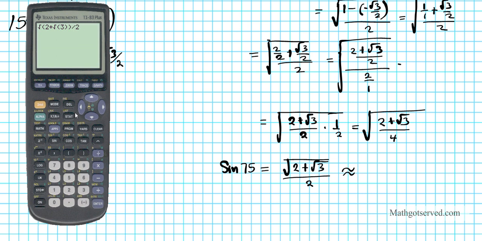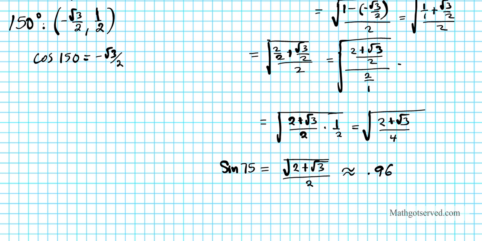Let's make sure our mode is in degrees first so we get the right answer. Degree mode, enter. The answer is 0.9659. So the approximate answer is 0.9659.